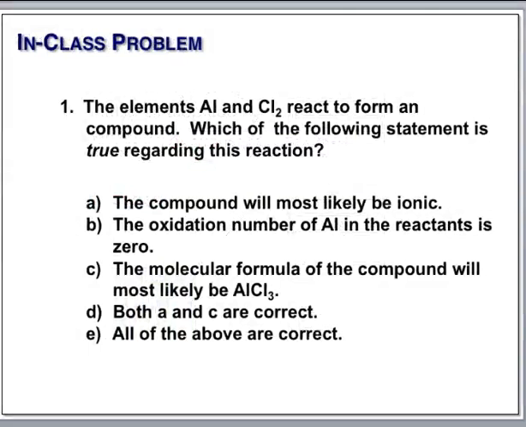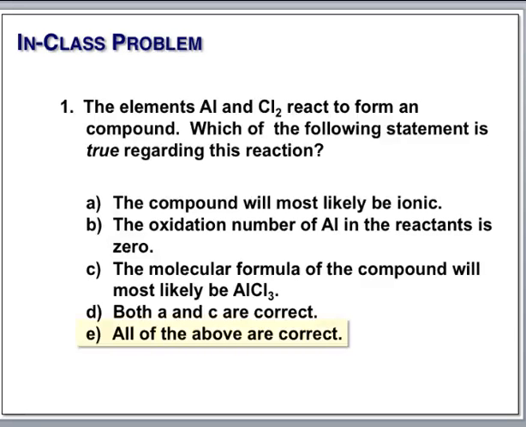Of course it'll be ionic. Oxidation number of aluminum in the reactants is 0. Is that true? It's an element. That's true. And the molecular formula, aluminum will form a +3 ion. Most likely be aluminum chloride. All of these are correct.